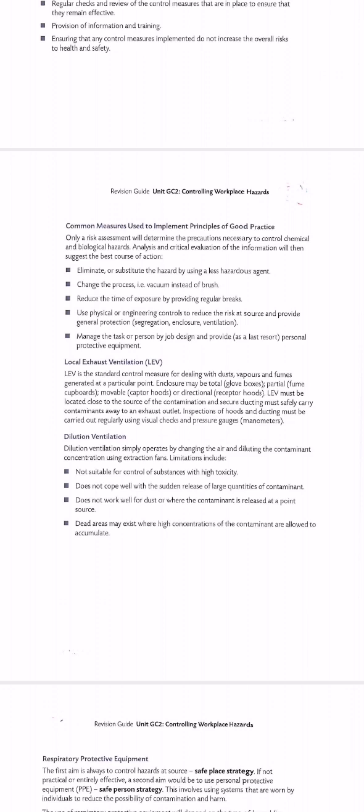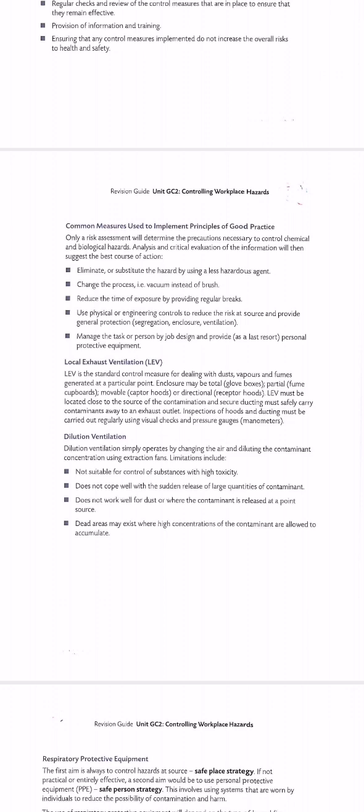Limitations include: not suitable for control of substances with high toxicity, does not cope well with the sudden release of large quantities of contaminant, does not work well for dust or where the contaminant is released at the point of source.